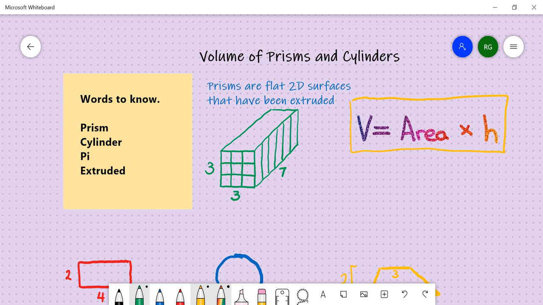Okay, I might change that, let's make it 6. Now what we've got is we've kind of made this shape out of a whole bunch of little cubes. You can think of those little 1 centimeter by 1 centimeter by 1 centimeter cubes that you might have used when you were younger.